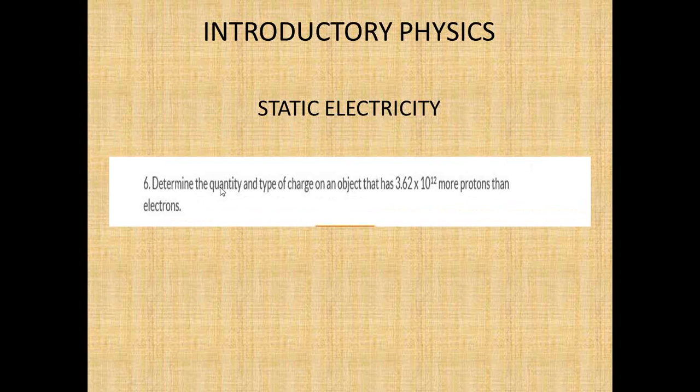Determine the quantity and the type of charge on an object. This object has 3.62 times 10 to the power 12 more protons than electrons. So it has more protons, so it's going to be positively charged. Remember the charge on a proton.